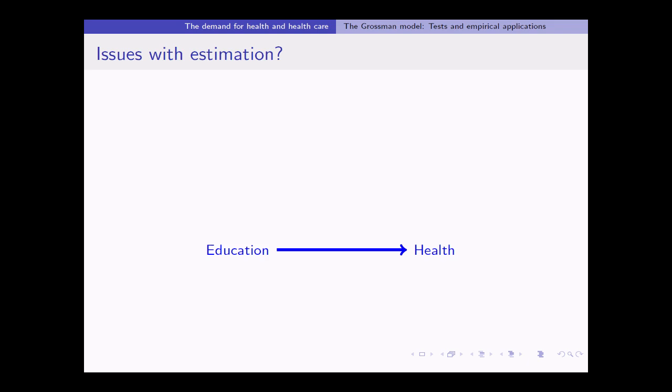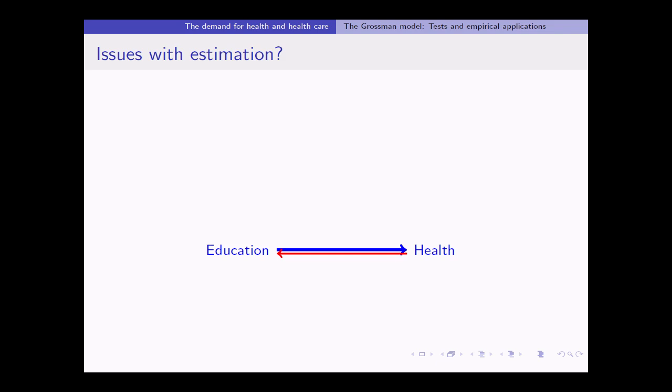So a standard thing to do might be to run a regression model where you've got health on the left hand side, you've got education on the right hand side, and a series of other control variables. However, we need to really strongly worry about, or bear in mind, or account for this idea of reverse causality or bidirectionality.